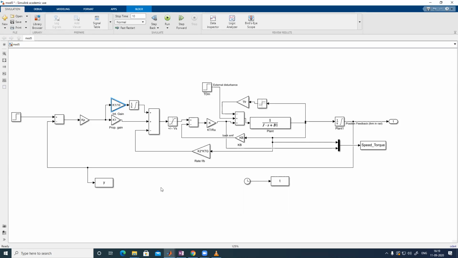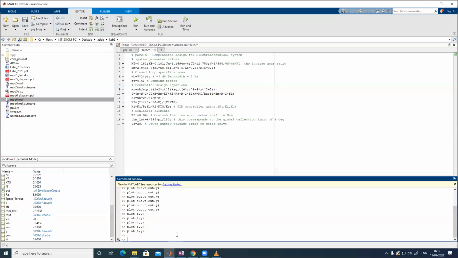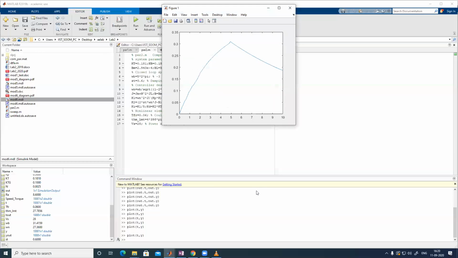And plot t comma y, and at the 10th second, what should be the value? You run it. The simulation stop time is 10 only, so the final value you can take. You are plotting this one, and the final value you can take.